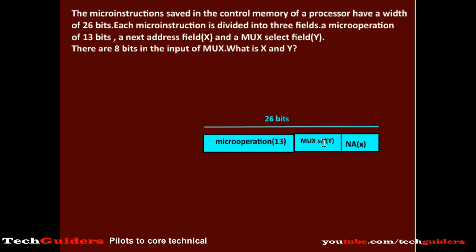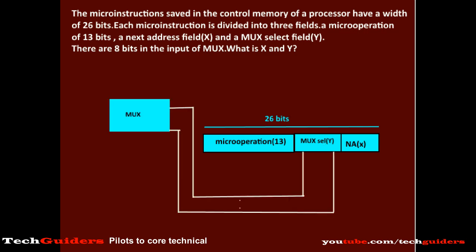We know that the multiplexer selection field or the condition field of the control word or the microinstruction register is connected to the selection lines of a multiplexer whose inputs are the condition code flags or the status flags.